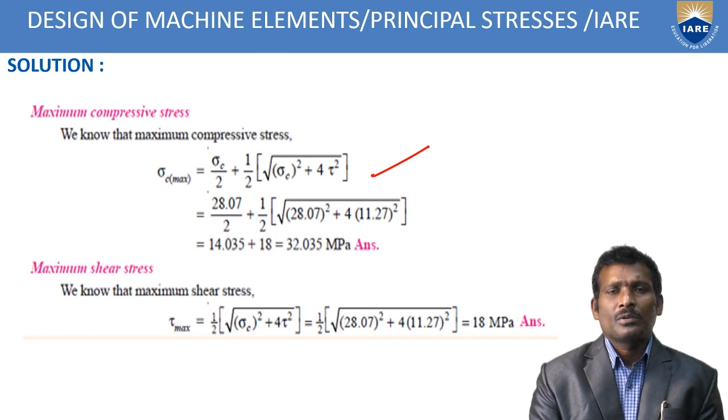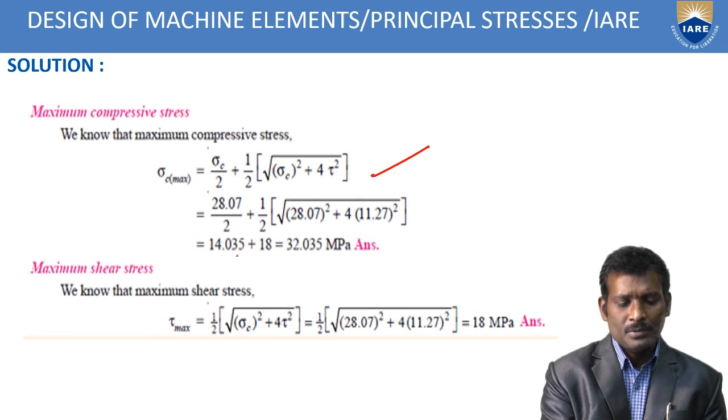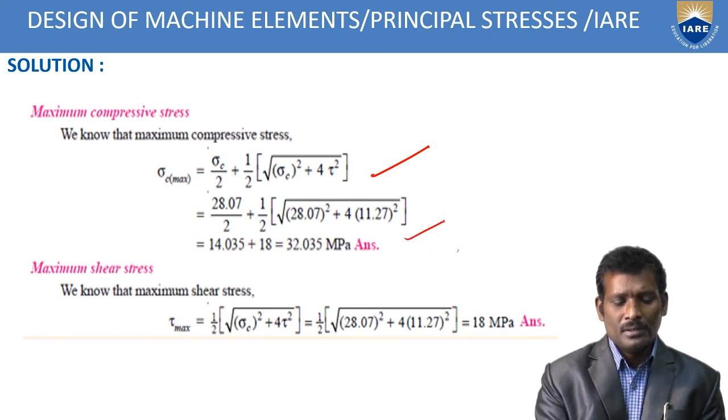Here the torsion load, bending load and the direct compressive load are acting on a shaft. So due to these combined loads, some principal stresses will always occur. That's why we need to calculate the maximum compressive stress and maximum shear stress by using the principal stress relations. Substitute those values in this equation.